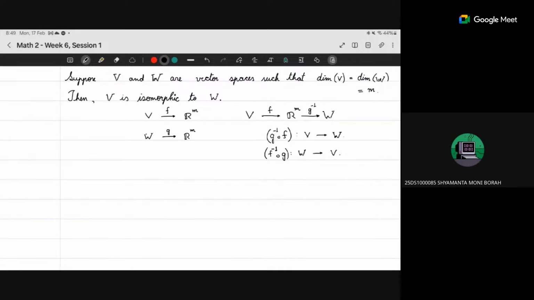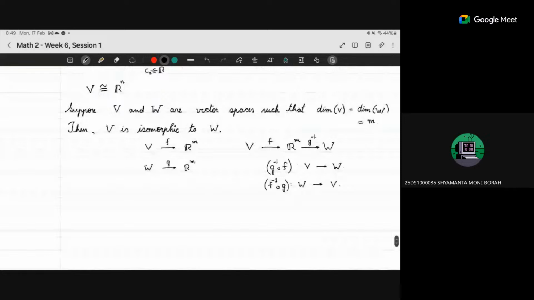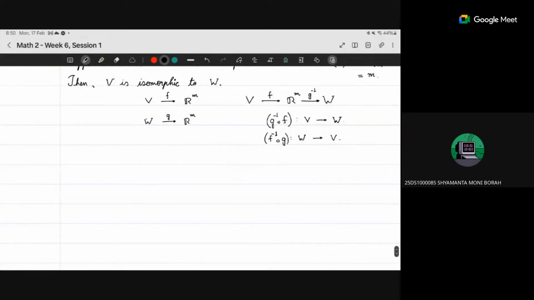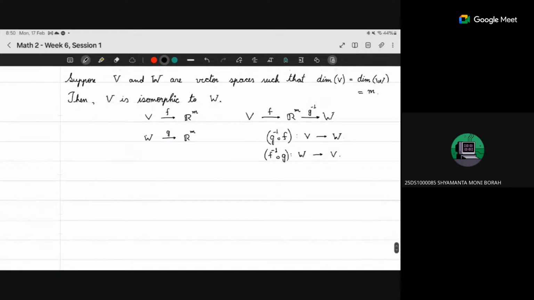Okay. So the usable thing is that if you want to say whether or not two spaces are isomorphic to each other, in the sense that there is a linear isomorphism between these two spaces, then all you need to check is that the dimension of the two things is the same, right?